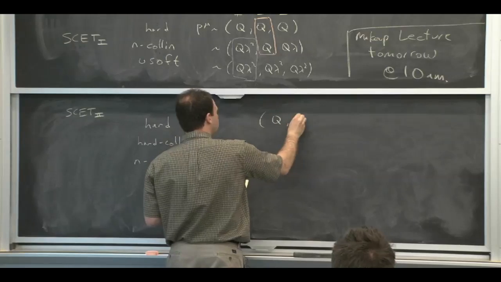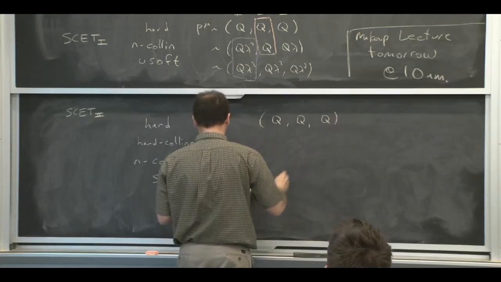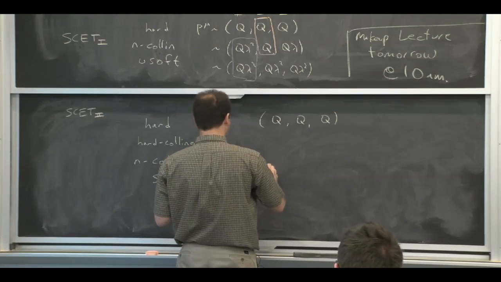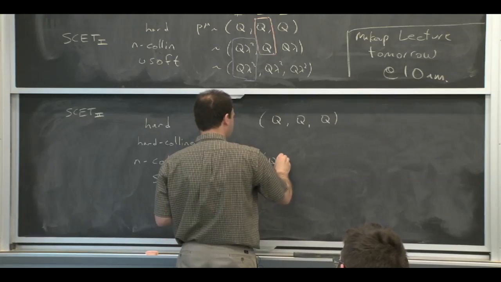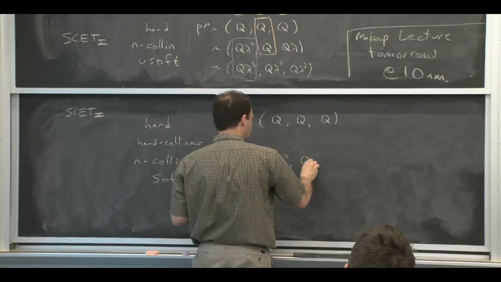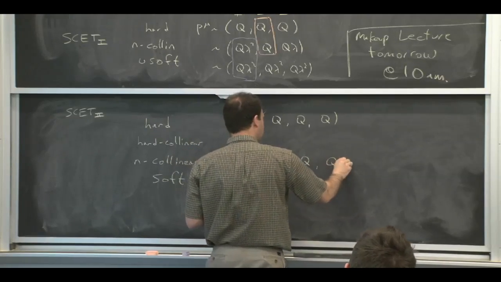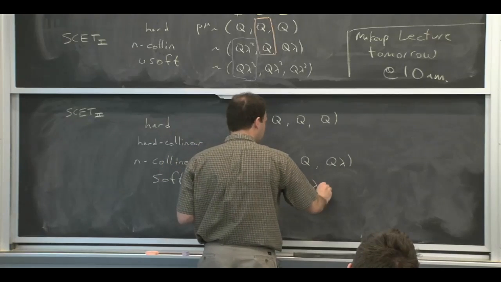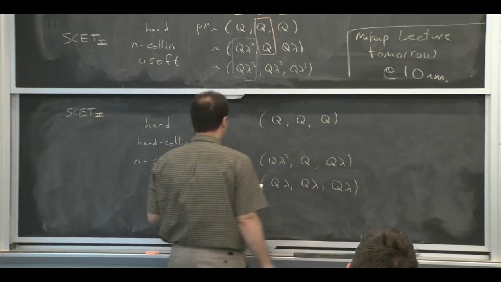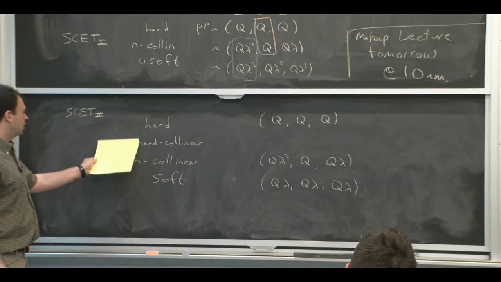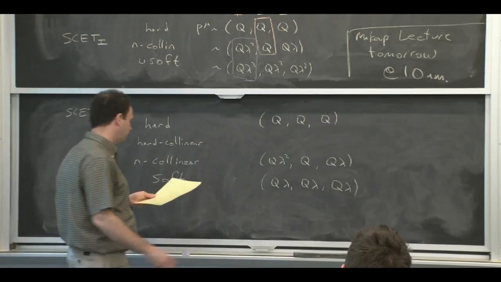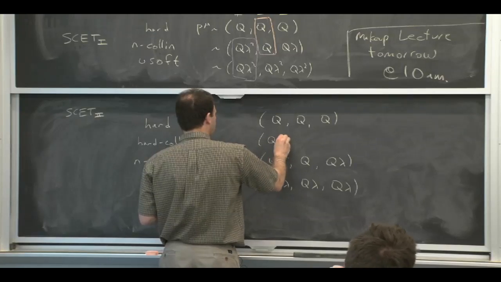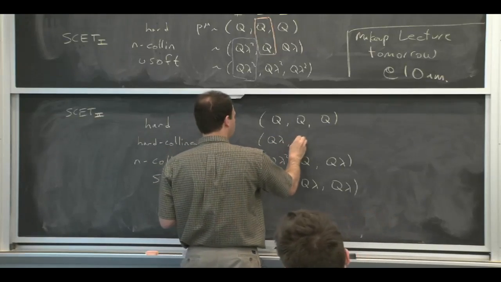So I can have Q, Q, Q again for the hard. And then I can have my collinear, which is Q lambda squared, Q, Q lambda, and then soft, which is Q lambda, Q lambda, Q lambda. And it turns out that sometimes there's also another mode, which we haven't talked about, but include it for completeness.